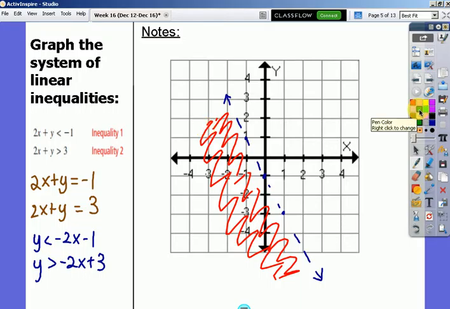And we're going to draw the other one, positive 3 this time. And down 1, 2 over to the right one. Remember, it only takes 2 points to find the line. This is also dotted.